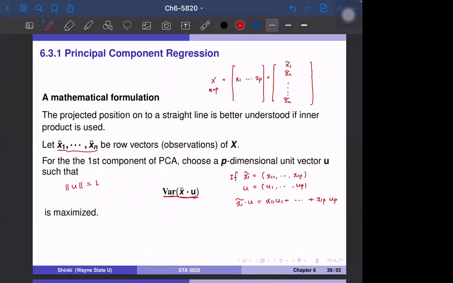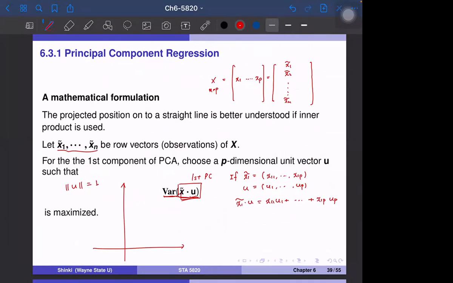Okay, so then we want to maximize this variance. If we determine u such that this variability is maximized, then u times x tilde is the first principal component. So remember that u times x tilde represents the projected distances.